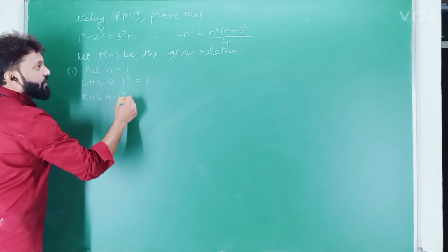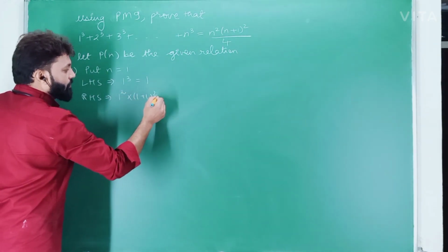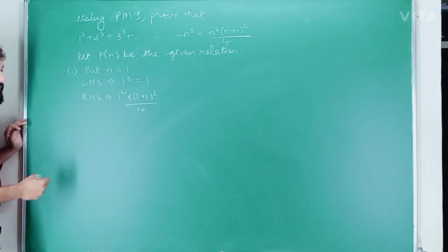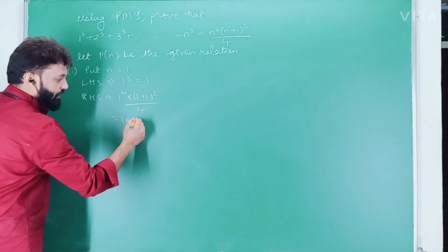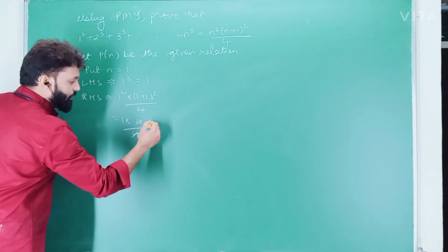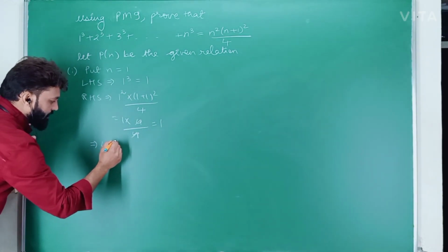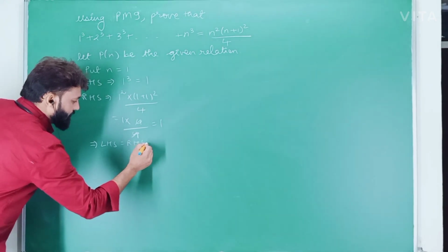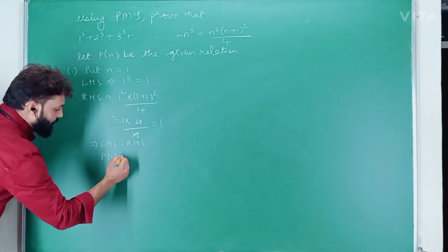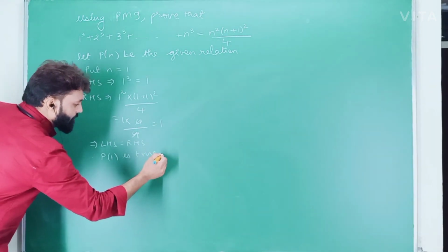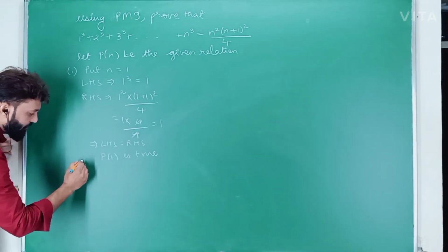So this will be 1 square into (1 + 1) whole square whole upon 4. So this will be 1 into 4 whole upon 4, which is again equal to 1. So we get LHS is equal to RHS. Therefore, P1 is true.